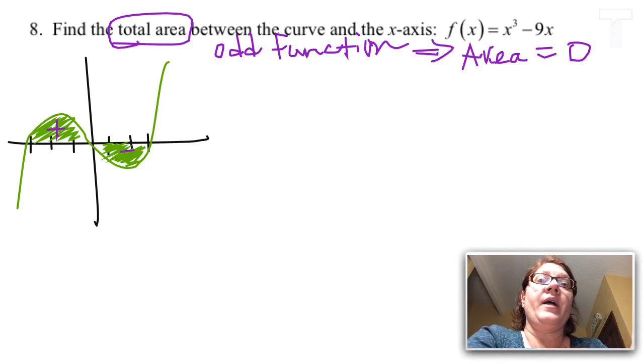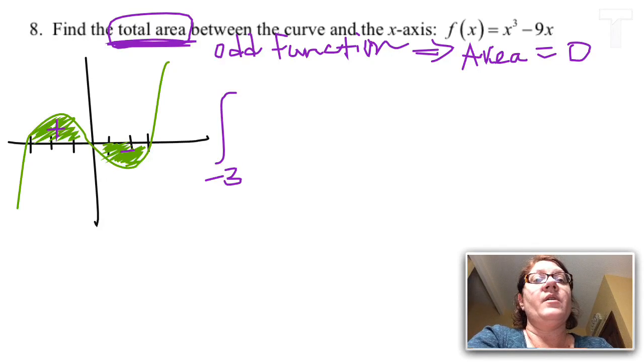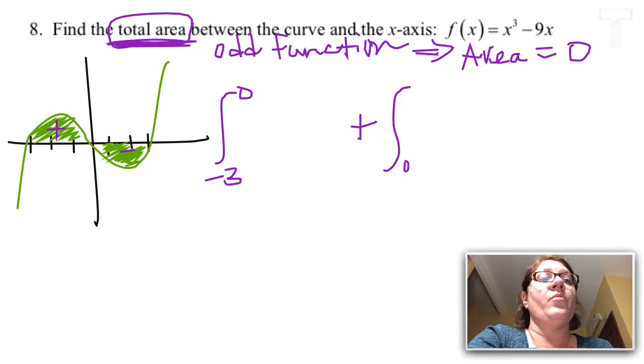So if I want to find the true total area, I'm going to have to separate it into -3 to 0, and 0 to 3.